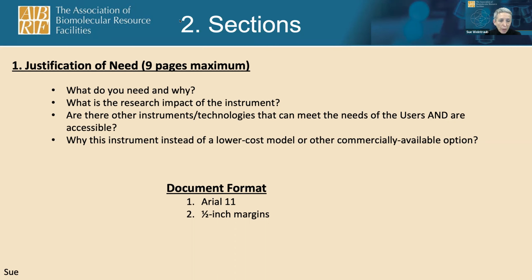For example, if there are biohazard issues where your samples need a certain level of safety and the other ones do not. But you have to really explain, if you're at an institution where there are many, many of your type of instrument, but this is a new user group or a program project group, they can't be using the other ones, and this all has to be explained. Okay, next slide.